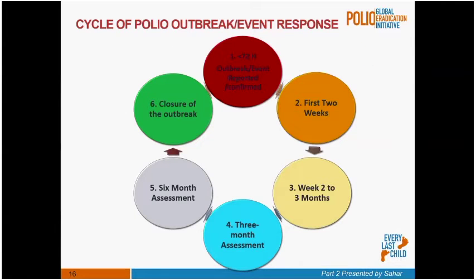So let's look at the cycle of events of how things happen if we have an outbreak or an event response by time. From the minute we have the confirmation up until 72 hours, the most important thing to happen upon the confirmation of the event and the reported case is to have clear identification of the focal points at regional, headquarters, and country level.